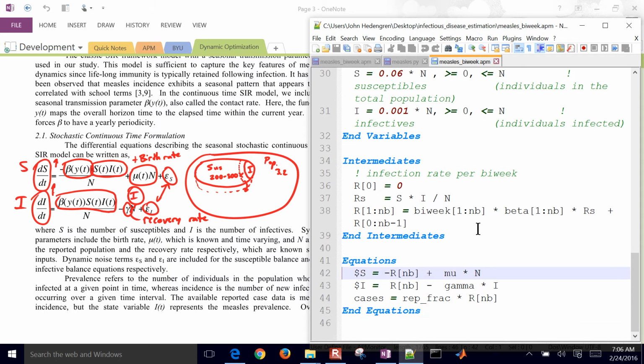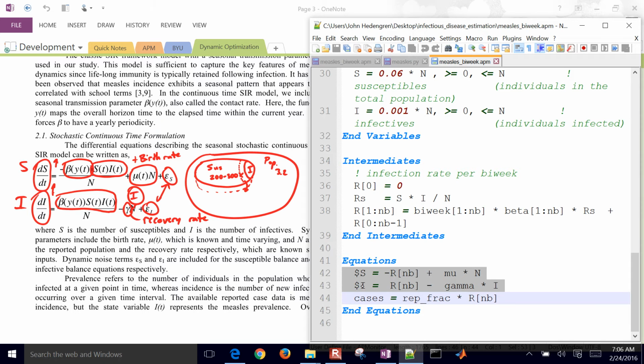I'm going to scroll down just a little bit. The main equations are right here, where we have the number of susceptibles, the derivative dS/dt. The rate is calculated up here in the intermediates: the negative beta times the susceptibles times the infectives, and then we have the birth rate.